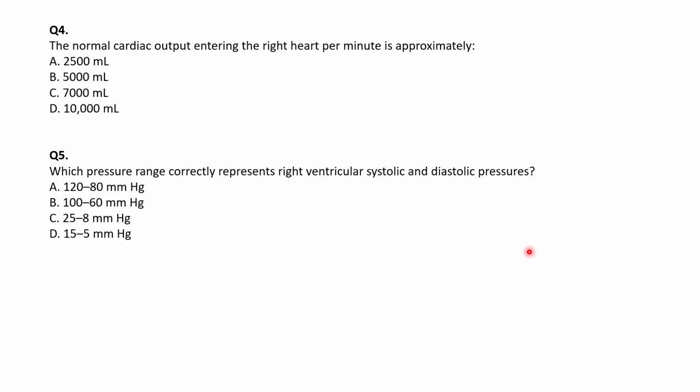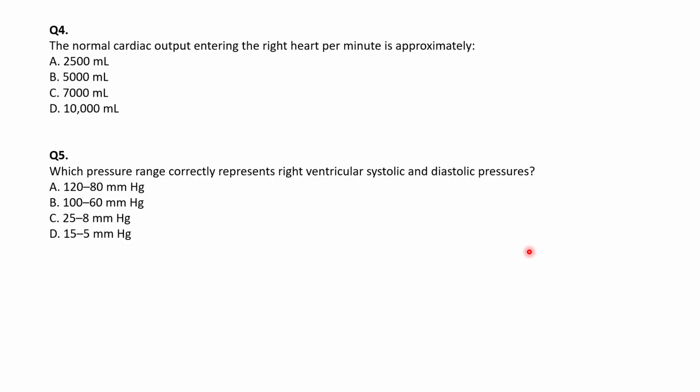And these are low pressures, and that's what reflects right ventricular pumping because it is a low resistance pulmonary circulation, meaning the right heart does not need to pump with so much force because it's only pumping to the lungs, and the lungs are not that far, right? But the left heart is pumping to the whole body. So that's why the pressures on the left side of the heart are higher.